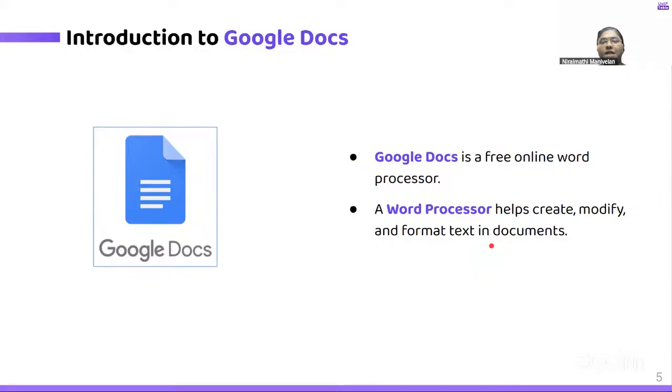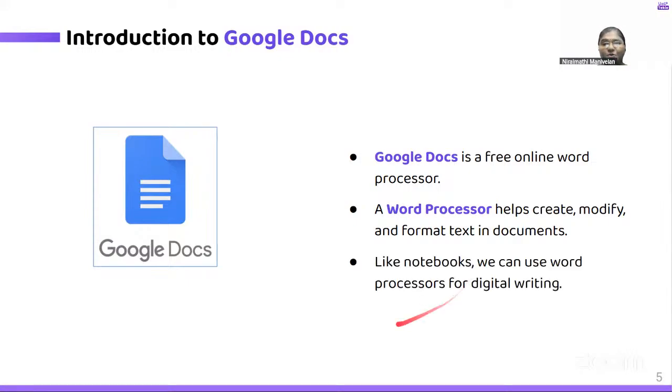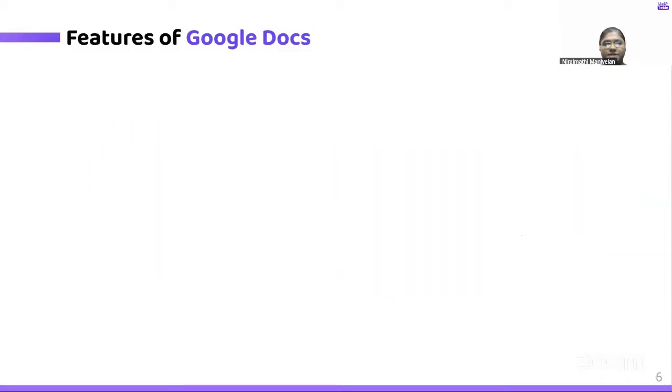Whatever you would like to create, you can create it using Google Docs. It is a digital notebook we can use for digital writing. You can create different documents, question papers, and so on with Google Docs.